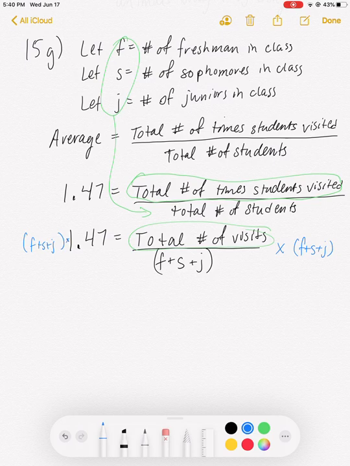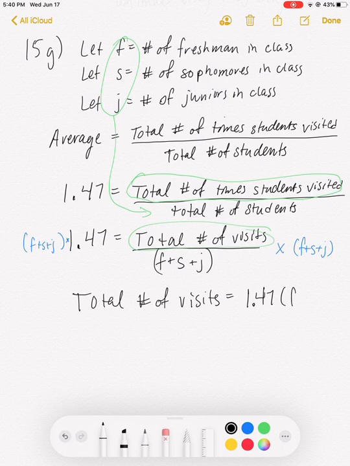And so we'll write the total number of visits is equal to 1.47 times F plus S plus J. And that's what our goal was.